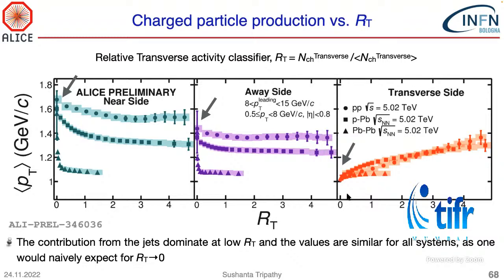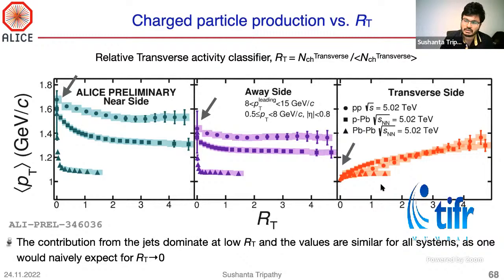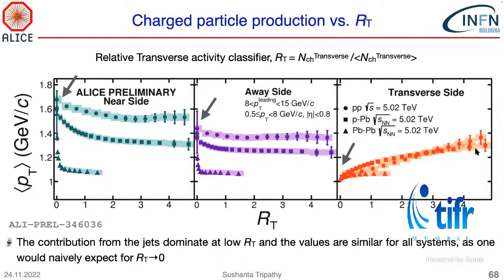When you look at the transverse side, we are only probing what happens in the underlying event region, because that's where you define the underlying event region, and the away and near sides are the jet-dominated regions. This is an interesting point, but within uncertainty, I'm not sure. Between 2 to 3, it starts crossing.